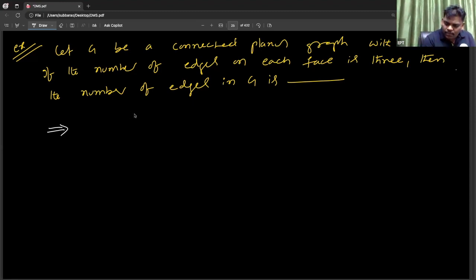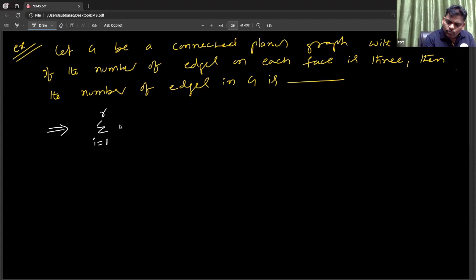Everyone listen. Sigma i equals 1 to some. Let us assume that some regions are there. Which regions are there? i equals 1 to R. R regions are there.